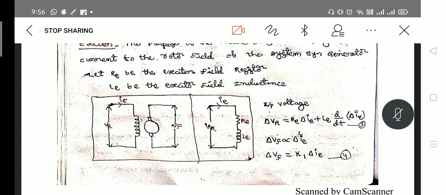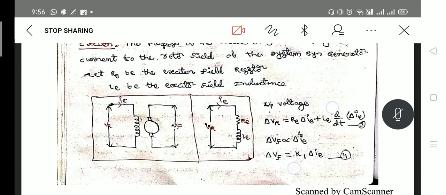So delta Vf is proportional to delta IE here. From this circuit, delta Vf is proportional to delta IE. So delta Vf is equal to, after taking the proportional constant, K1 into delta IE.